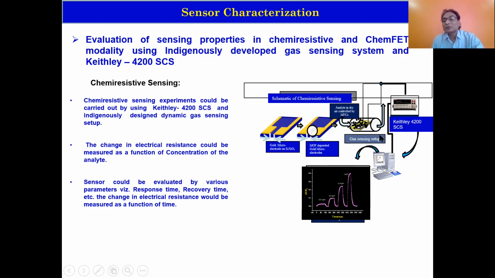The 2400 or 4200 will be responsible for providing voltage as well as measuring current, and then it will automatically calculate resistance. You get the data in Excel form with various concentrations of the gas analyte, and you can have the different responses for that particular VOC. If you plot that data in Origin or Excel, you are going to end up with this kind of curve. So this is the chemiresistive sensing setup.